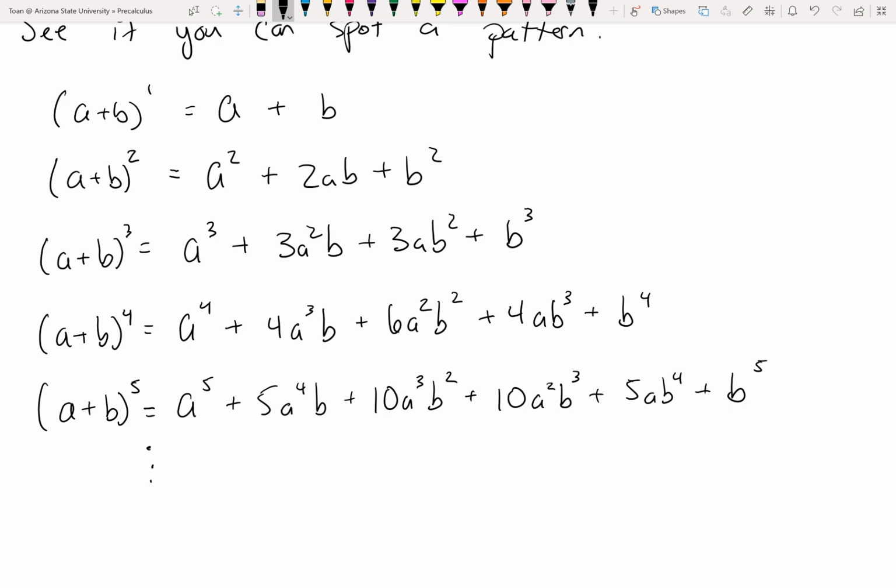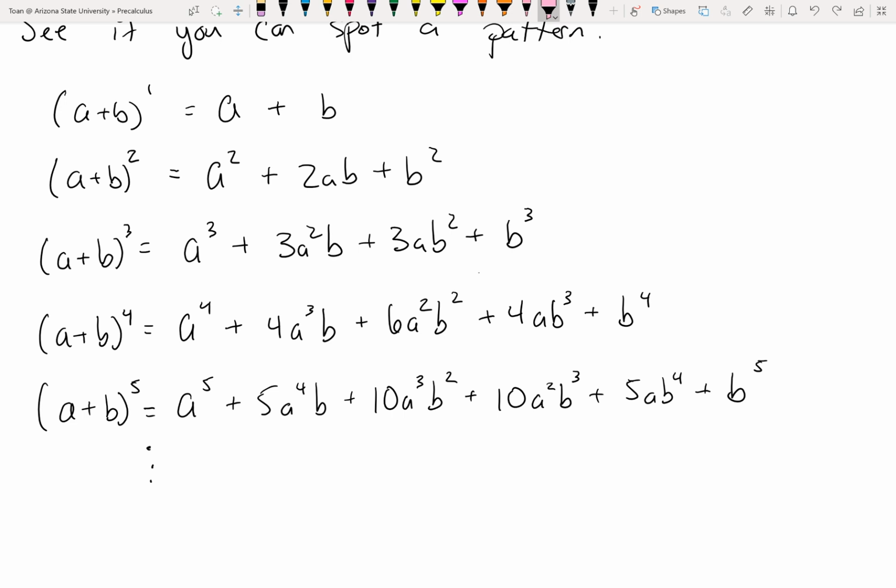Now, there should be some noticeable patterns in the behavior of the exponents. So I think the easiest way to dissect this is to take it one part at a time. After all, a binomial, 2 terms, consists of 2 pieces. The a I consider as the first piece, and the b I'll consider as the second. So let's see if there is a pattern with the a terms in any expansion.